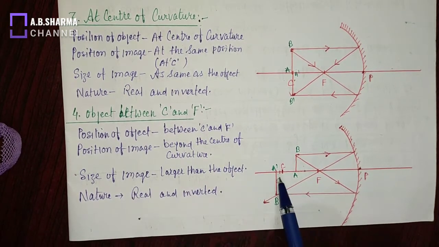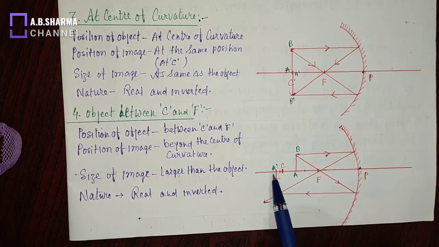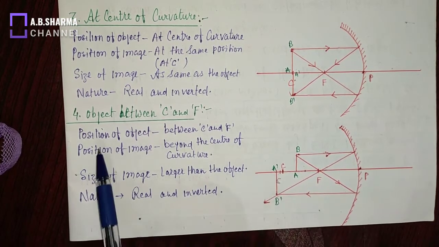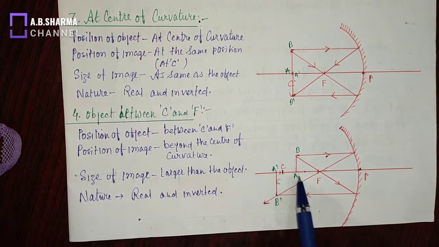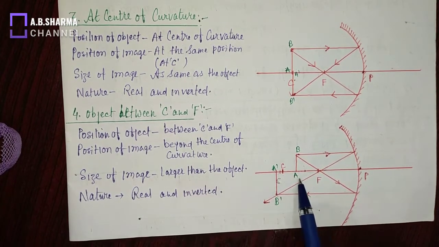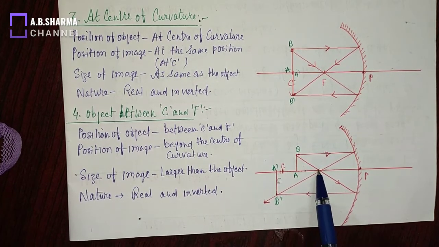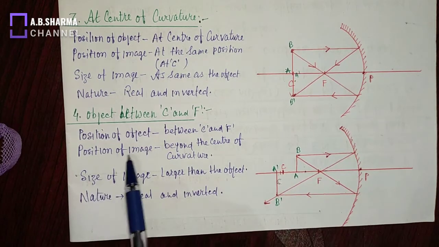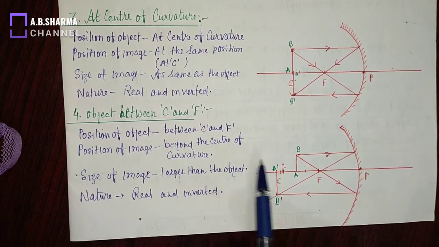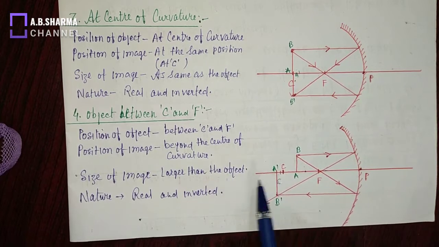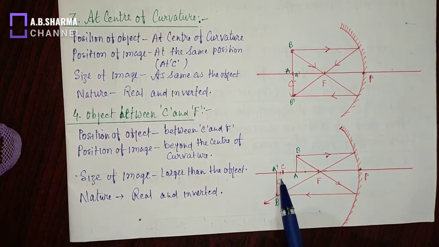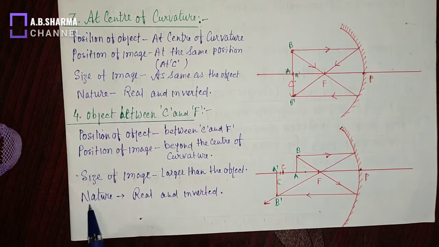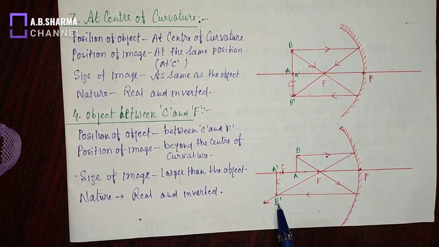So the rays are intersecting beyond the center of curvature. Position of the object is between focus and center of curvature. Position of the image is beyond the center of curvature, as we are seeing in the diagram. Size of the image is larger than the object, and nature is again real and inverted.